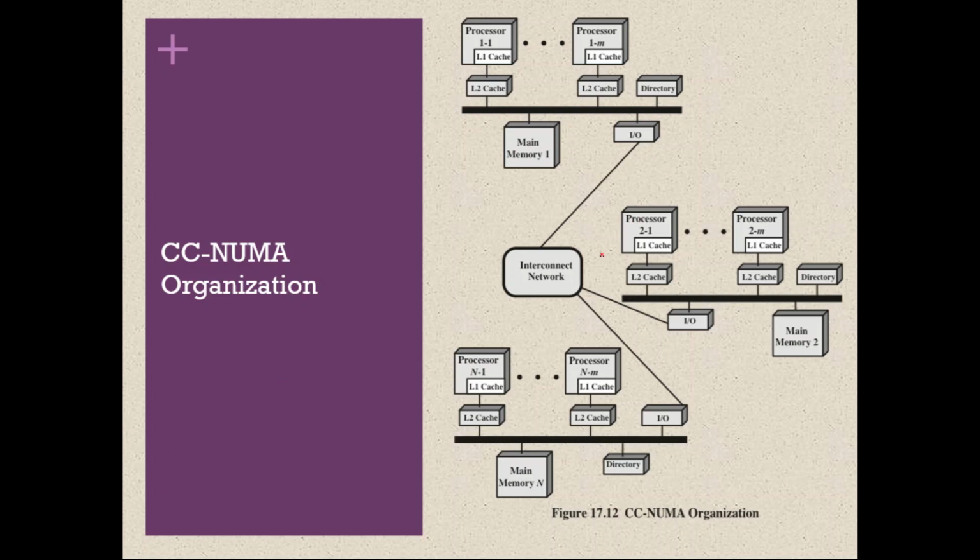Every node in a NUMA should maintain a directory. Why is this directory to be maintained? This directory will give an indication of the location of the various portions of the memory. The processor does not know the various portions of the memory, but the directory knows.